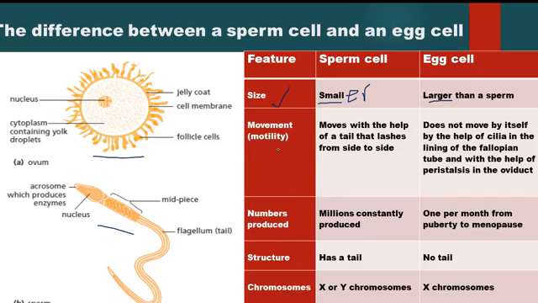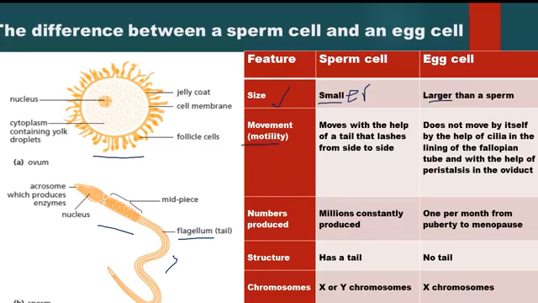Now, when we come to the movement, I want us to agree that the sperm moves on its own with the help of the flagellum. You can call it the tail. Okay? So this tail is the one that helps to propel the sperm as it moves from the vagina through the cervix towards the oviduct, where fertilization will take place.